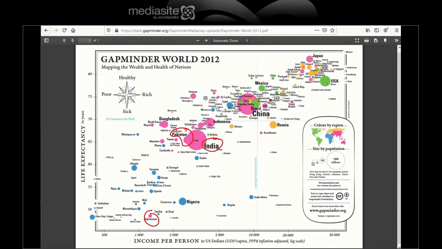So Afghanistan and India for that matter are both considered on the poorer side of nations. But compared on health, there is a huge disparity. Something like 15 to 20 years disparity between them.